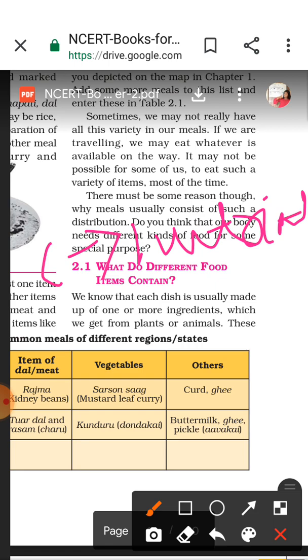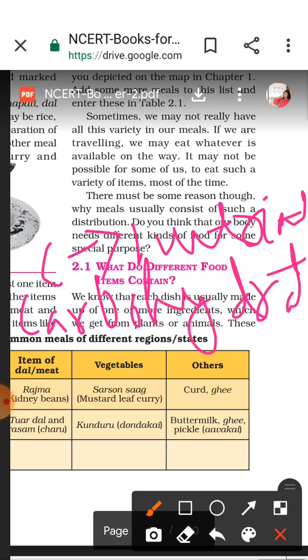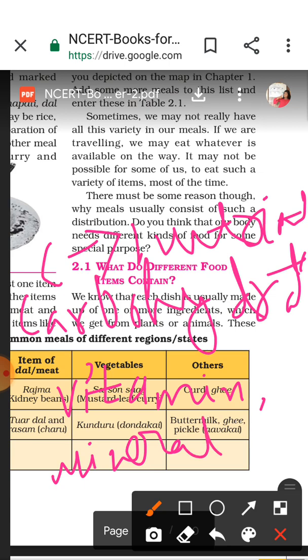In those nutrients we have carbohydrate, vitamin, mineral, and fat.